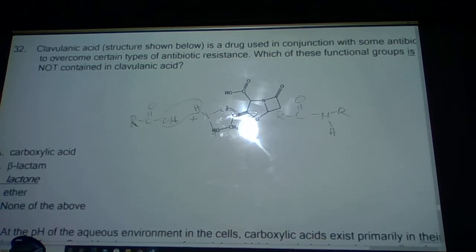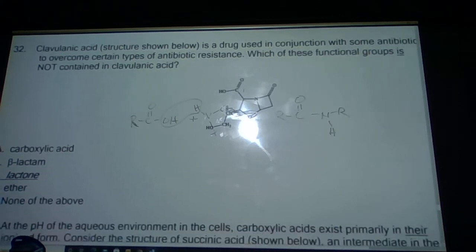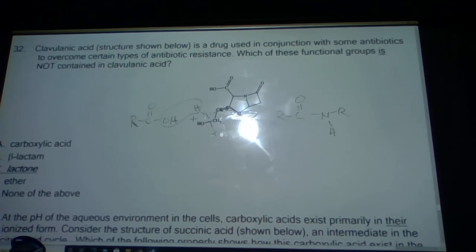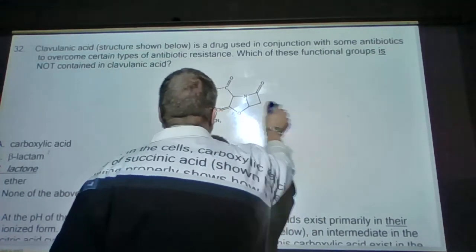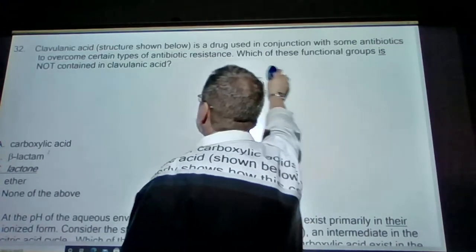Clavulanic acid, structure shown below, is a drug used in conjunction with some antibiotics to overcome certain types of antibiotic resistant strains. Of the functional groups listed below, which one is not contained in clavulanic acid?